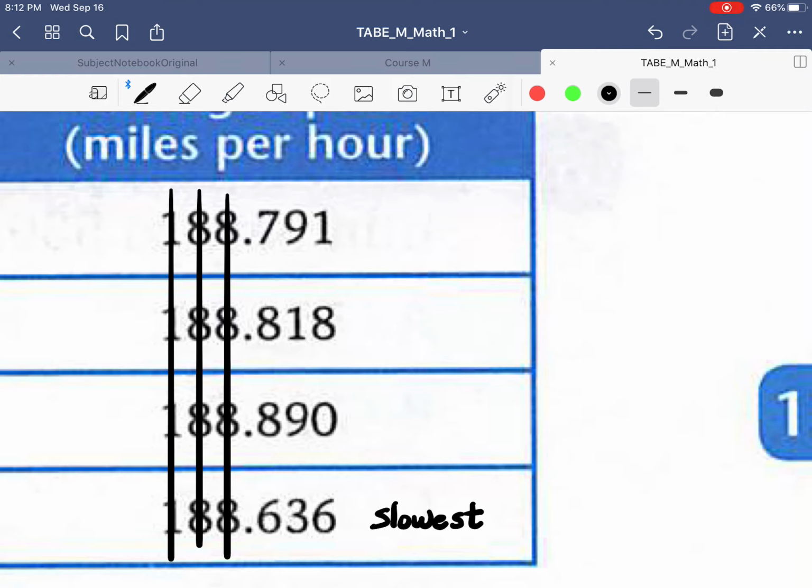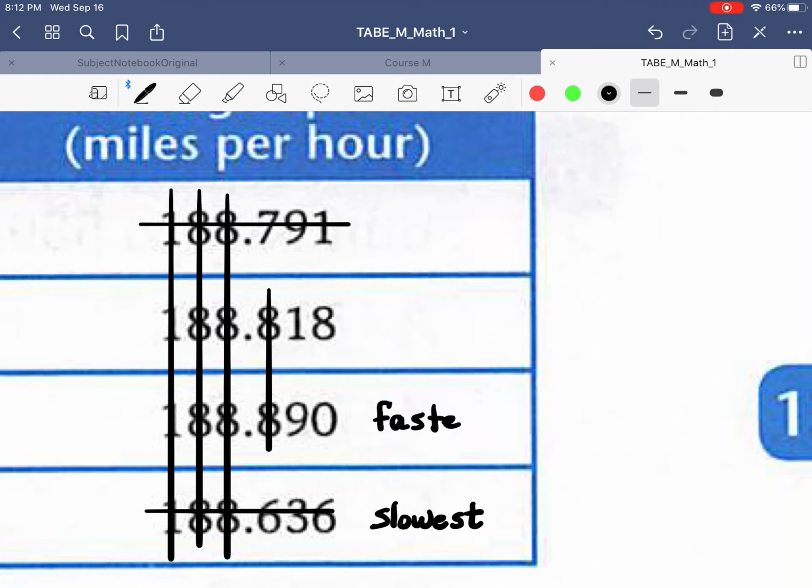We can eliminate this one. We can eliminate the 7 because that's smaller than 8/10 in either of those. So now I'm down to the 8s matching up. 1 and 9. Which of those is bigger? The 9 is bigger. So this is the fastest of the speeds.